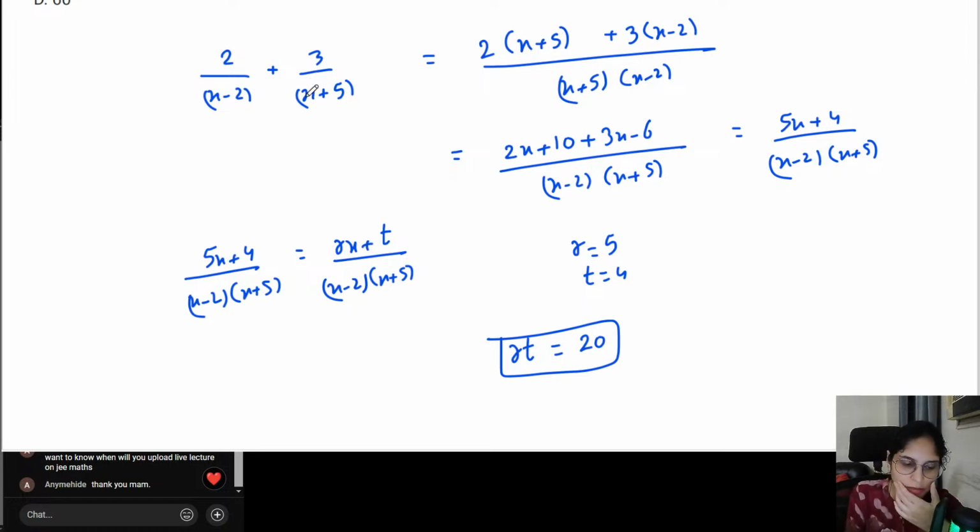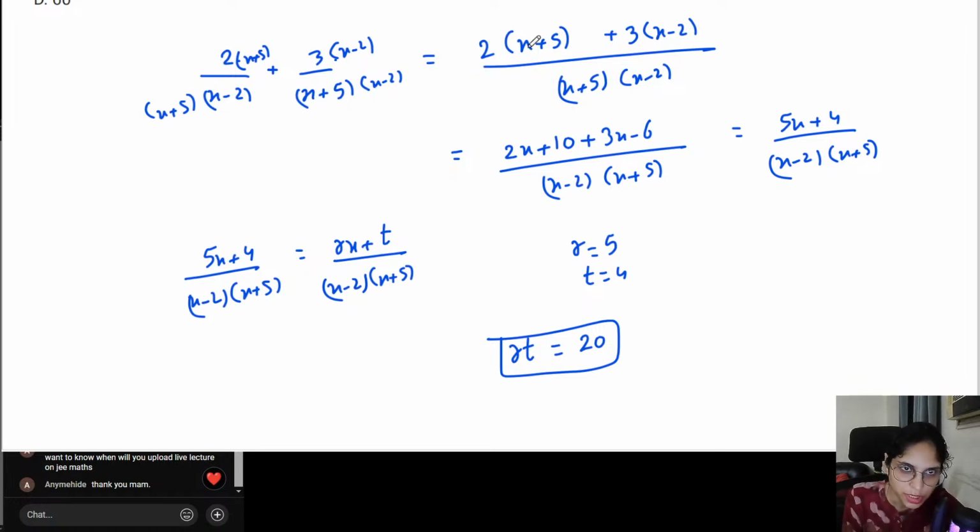So we are just adding the rational functions, and when we are adding or subtracting, we need the common denominator, the least common denominator. X plus 5 is missing from here, x minus 2 is missing from here. So we multiply x plus 5, we multiply x minus 2. Like this. So now the denominators are same.